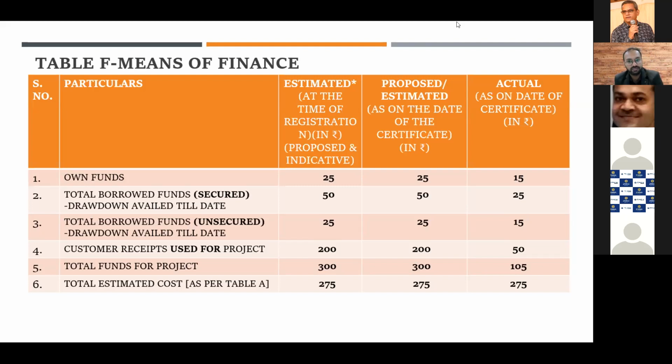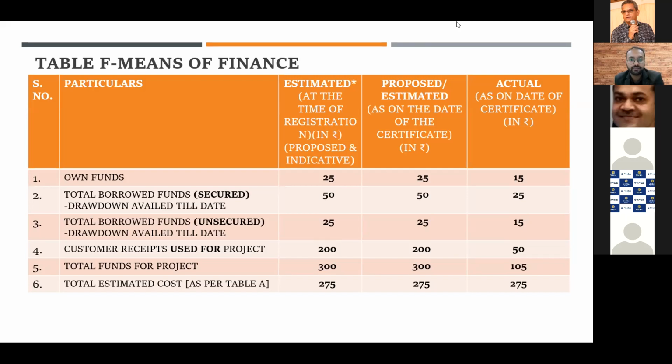But Aditya, in last this thing actual as on the date of certificate, the para number 6, that is total estimated cost. Here it should be total cost incurred as of date. For this actual, it cannot be estimated cost. Otherwise, it is meaningless. See, I have to compare actual with actual. Yes, where, sir? Exactly. See, the last column is actual as on date of certificate.